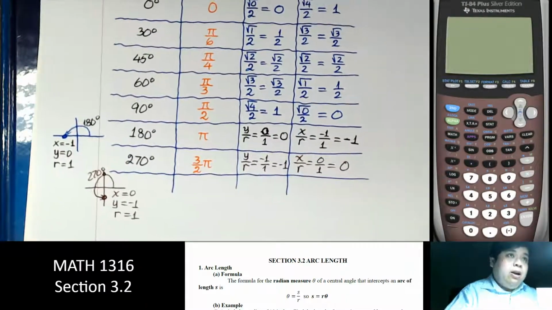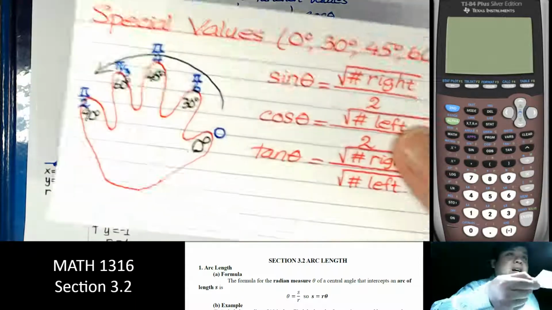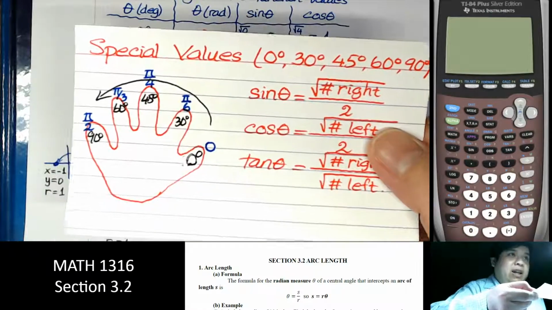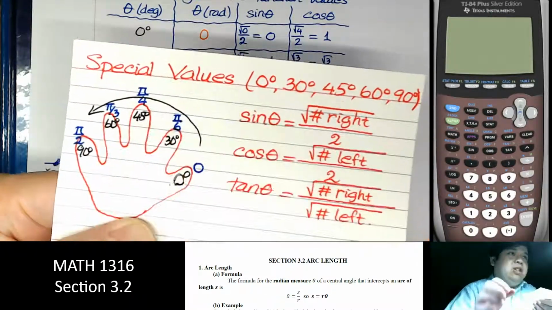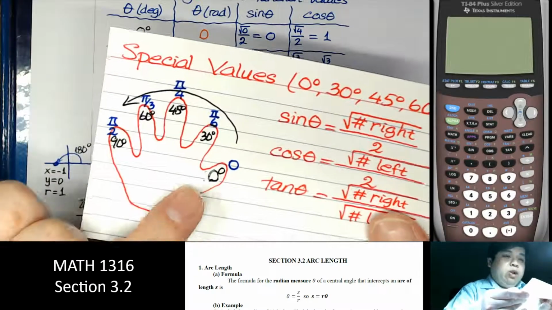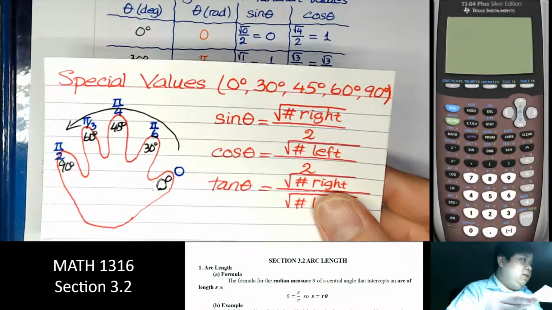Right. So again, just have the hand here. 0, pi over 6, pi over 4, pi over 3, and pi over 2. Equivalent to 0, 30 degrees, 45, 60, and 90 degrees.